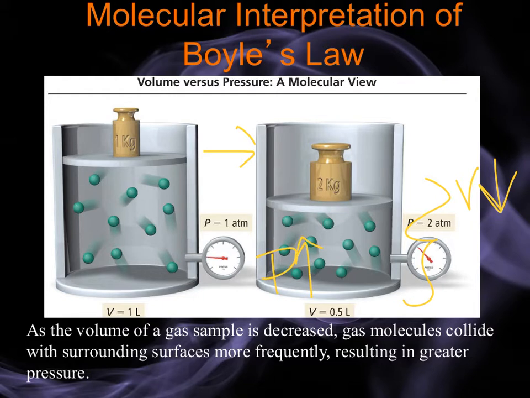So if I asked you to explain on a molecular level why pressure goes up, you would give an explanation similar to, well, at a lower volume, the frequency of collisions of the gas molecules with the container wall increases, and as a result, pressure increases. So that's the molecular level description.